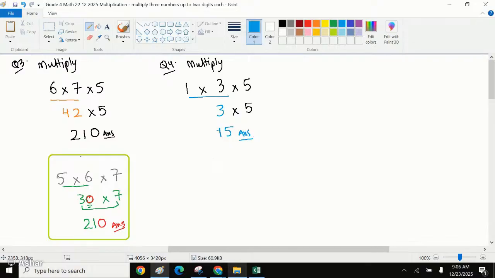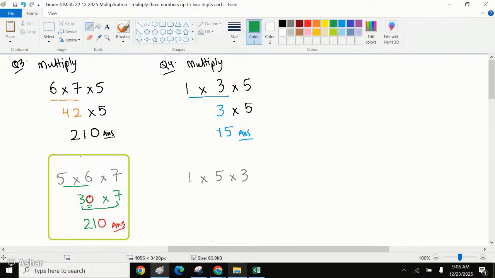Can we try by changing the sequence? If I say 1 multiplied by 5 multiplied by 3, the same numbers, but the sequence of the numbers has changed. I have the first number as 1, but 5 was at the end, I bring it to the middle.